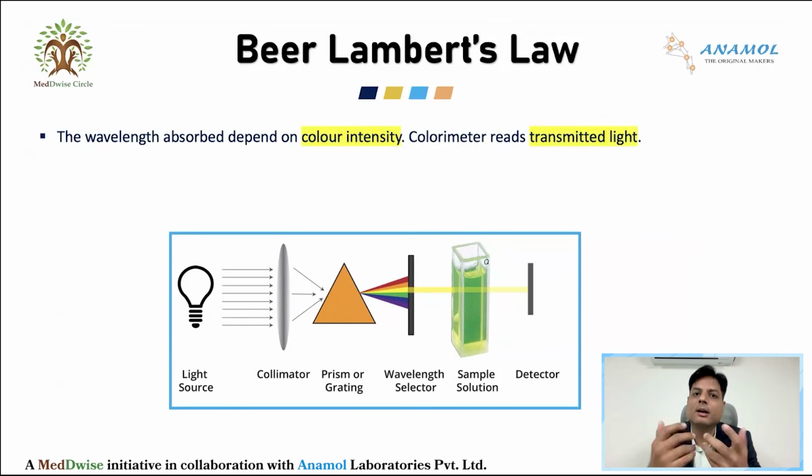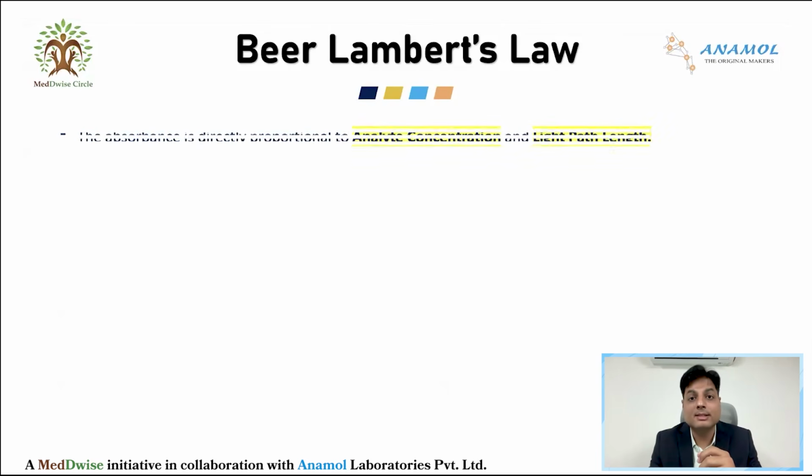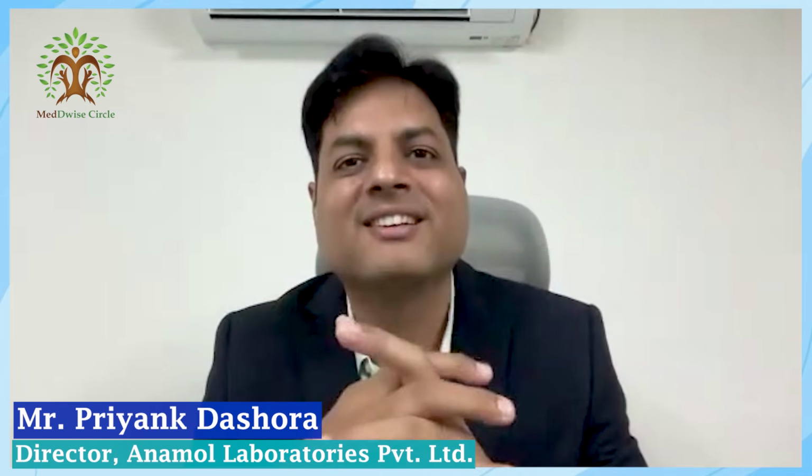One is the color intensity, also known as the optical density. As I told you, there are two things which determine how much light will be absorbed by the colored solution: the analyte concentration, and the light path length.